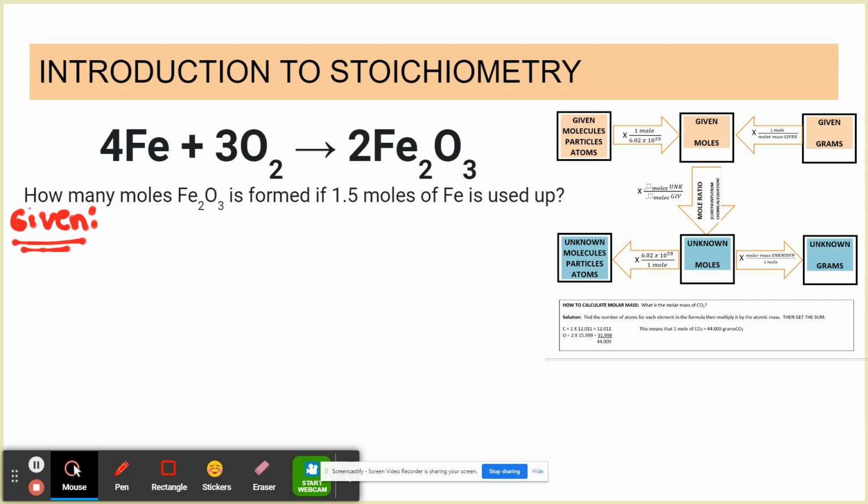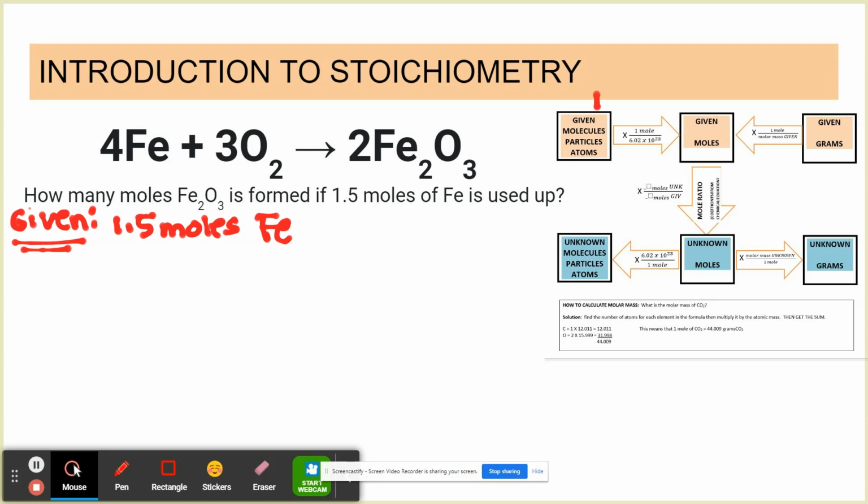All right. So our given, if you read closely, guys, the given is always the one with the number inside the problem. In our case, it's 1.5 moles of Fe. So what we're given is moles of Fe. If you look at your flow chart, which box would you start with?